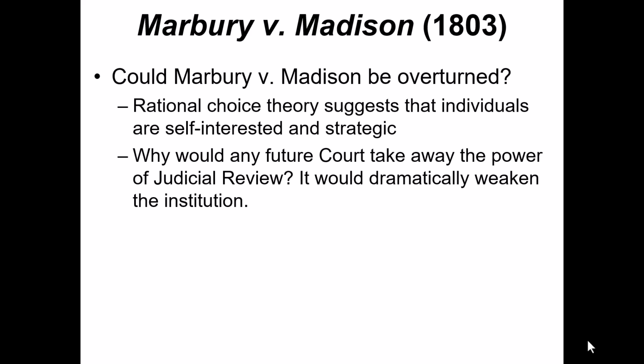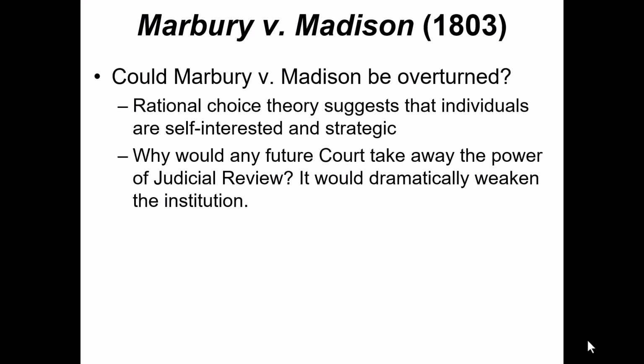Yet political scientists and economists have this theory. Some people like it, some people don't, but it's a fairly influential theory, rational choice theory, which suggests that individuals are self-interested and strategic. And I even think Marbury really is a good example of rational choice theory.